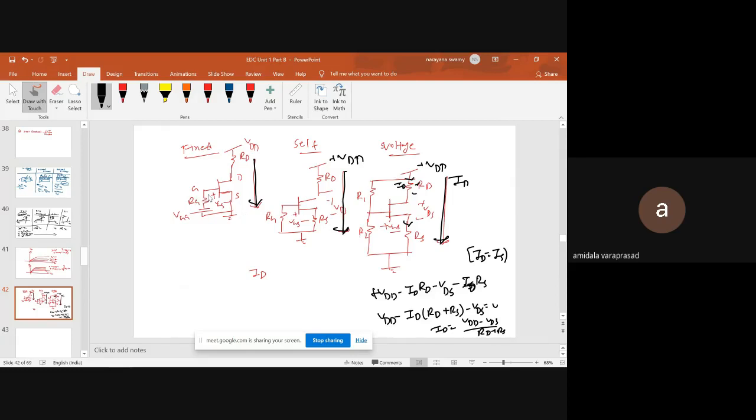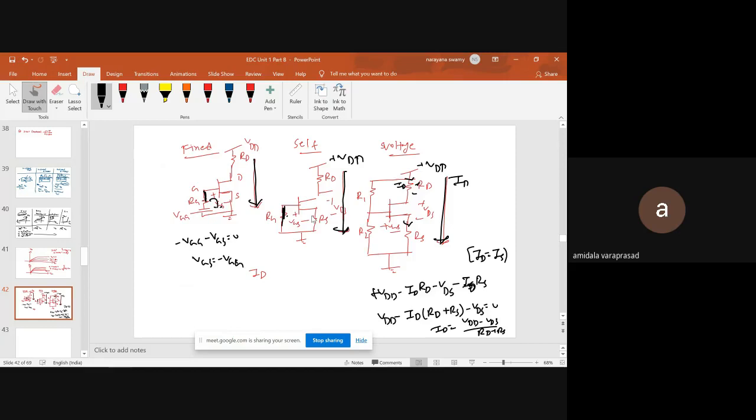Here RG will always be short circuit, here also a short circuit will come. If you apply the loop analysis here, minus VGG minus VGS equal to 0, so VGS is equal to minus VGG.